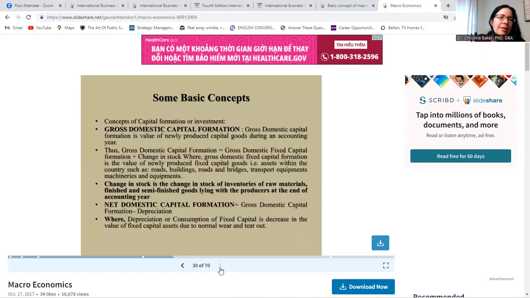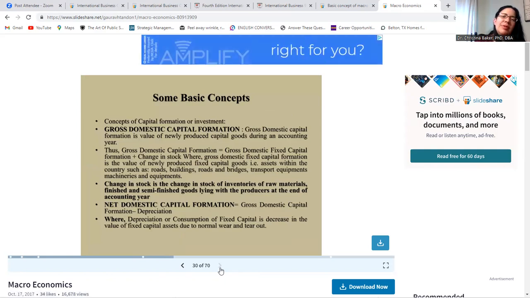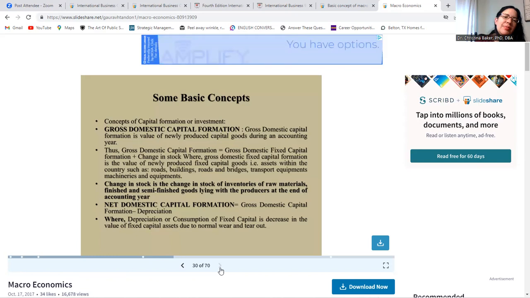Some basic concepts here: concepts of capital formation or investment. Gross domestic capital formation is the value of newly produced capital goods during the accounting year.